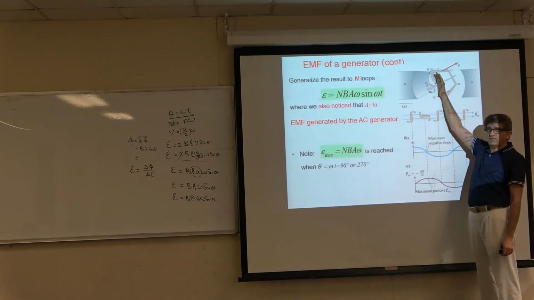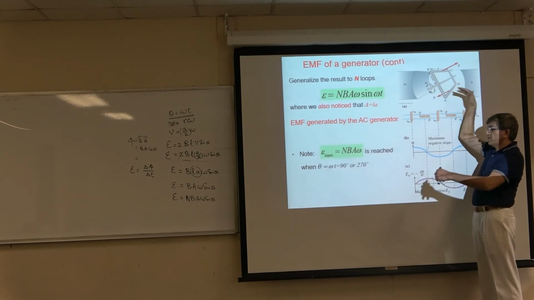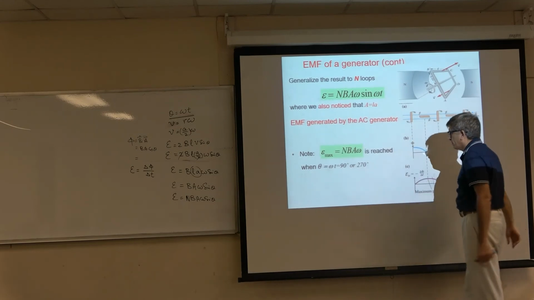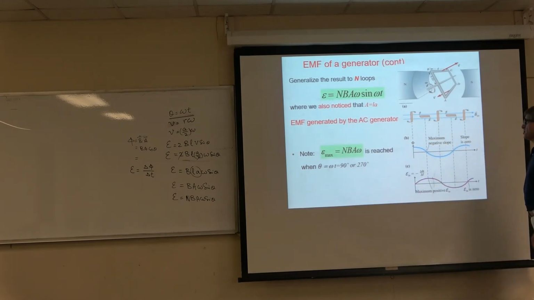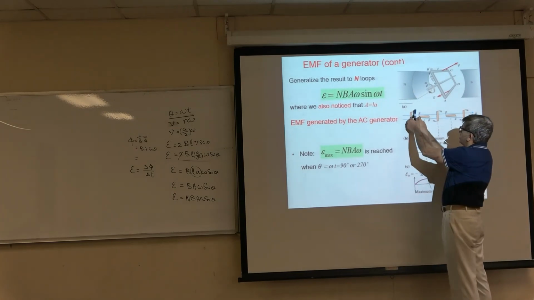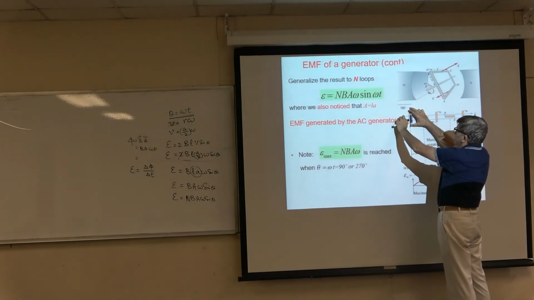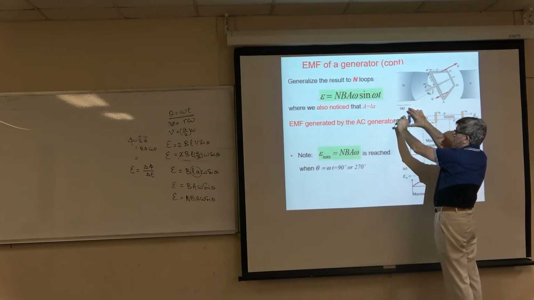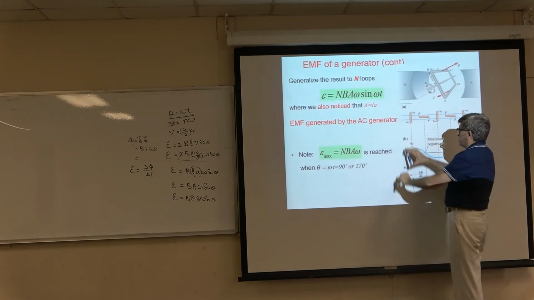This area vector and the magnetic field vector are aligned, or parallel to each other. Or in other words, you can say that sine theta is 90 degrees, because here the normal to the area and the magnetic field are in the same direction, but the plane surface of the area and the magnetic field are 90 degrees to each other.